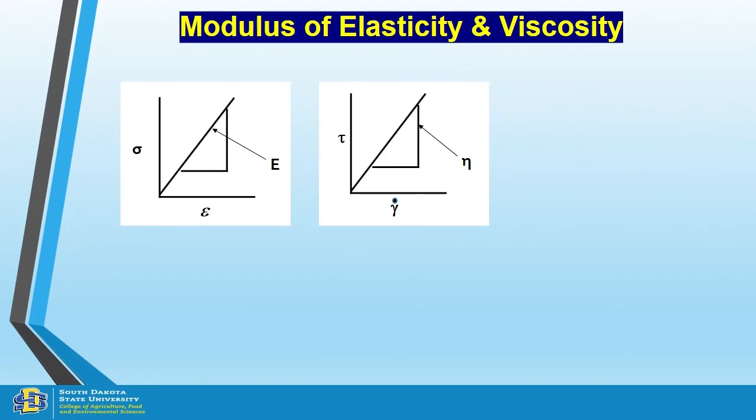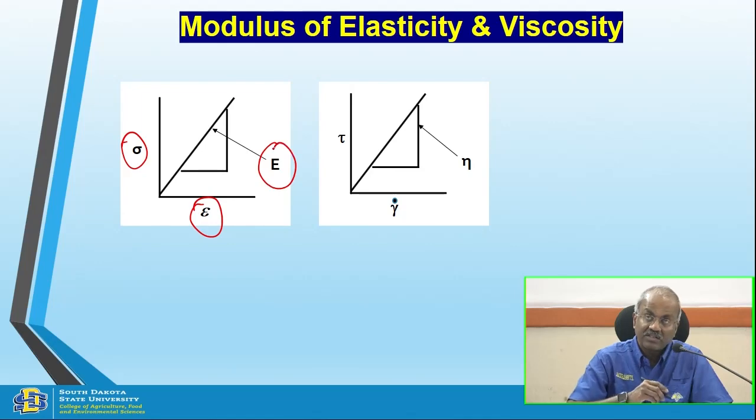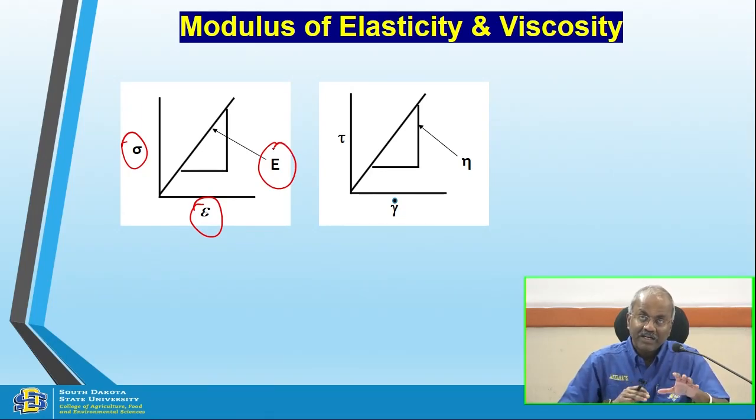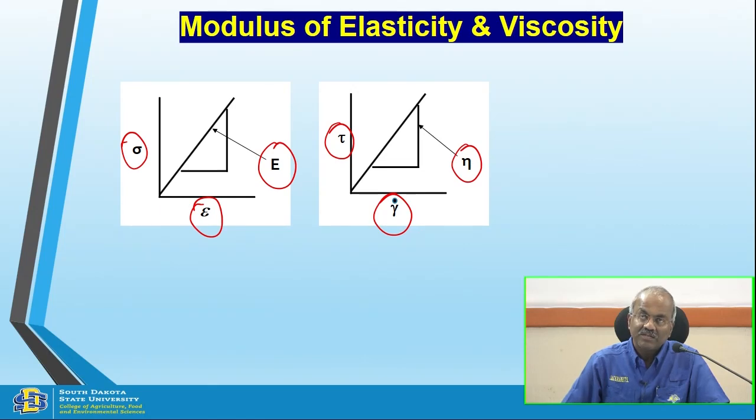So, how do you compare this? If you consider elasticity, stress over strain gives you the modulus of elasticity, right? That is the elastic component. For the viscous component, you have shear stress versus shear rate, and the slope is viscosity, eta or mu. You can call it any way you want. This is the elastic component, this is the viscous component. Joined together is viscoelasticity, and that's what our material is all about.